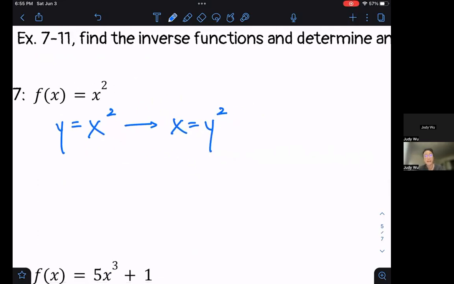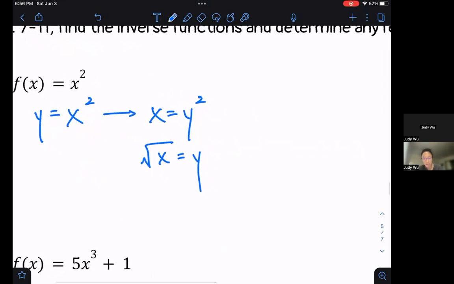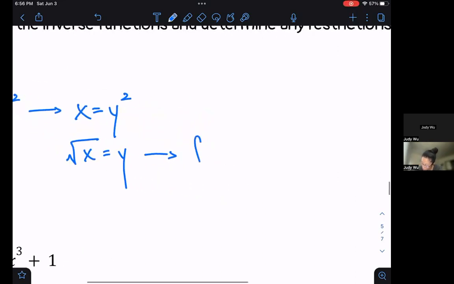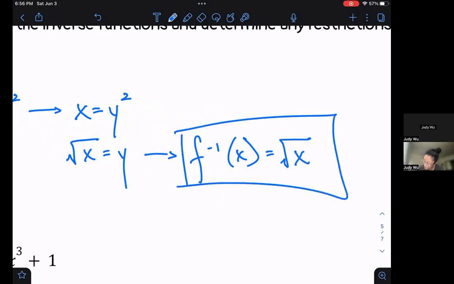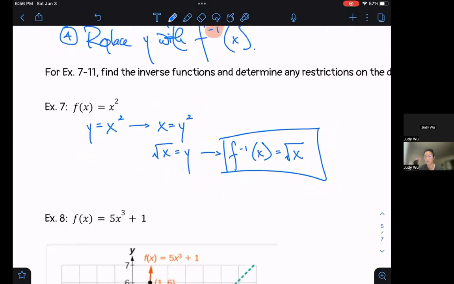All right, step 3 says I need to solve for the new y. So I take the square root of both sides. I get y equals the square root of x. And then I'm just going to replace that y with inverse function equals square root of x. And this, my friends, is my inverse function, okay?